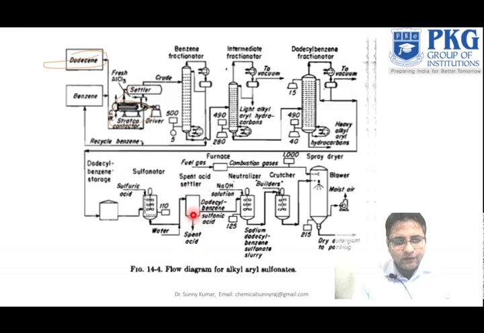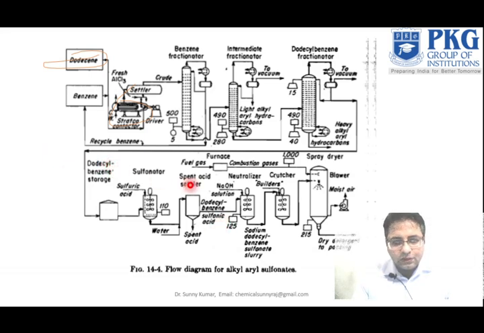Whatever remaining sulfuric acid is there can easily settle, and the spent acid we will remove from the bottom, and then it is going here, the dodecyl benzene sulfonic acid.